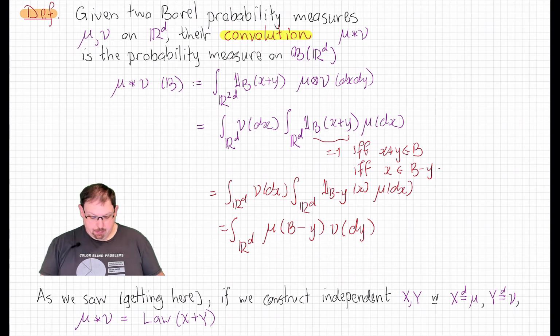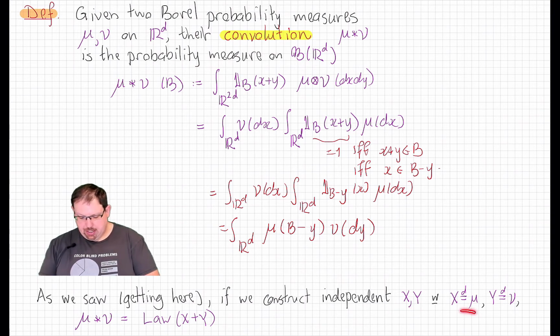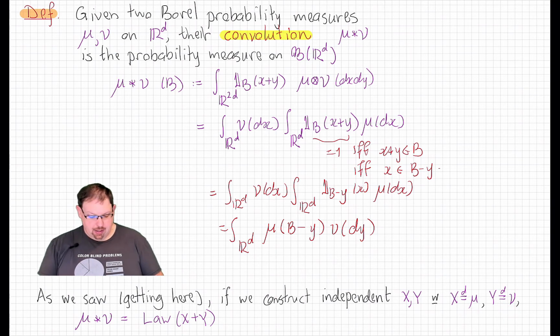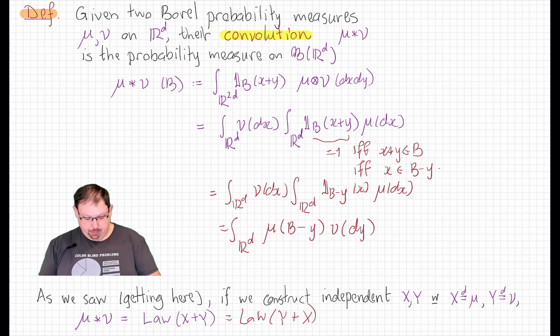And as we saw by getting here, if I have two random variables that have these two measures as their distributions, then this convolution represents the distribution of the sum of the two independent random variables. And we can just observe from there that since the law of X plus Y is the same as the law of Y plus X, since x plus y equals y plus x, this convolution operation must be commutative.